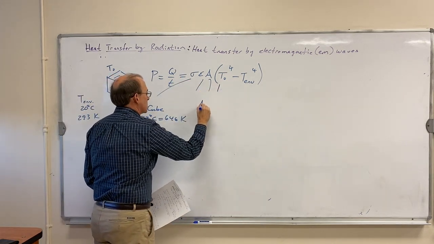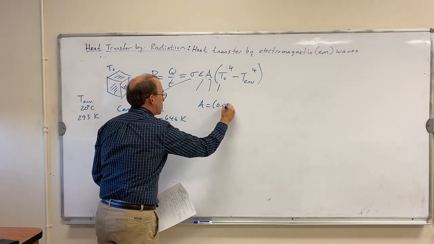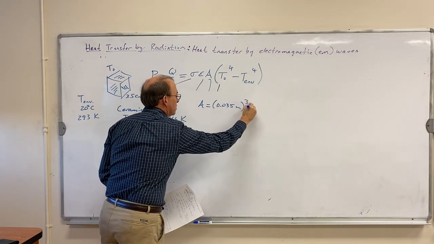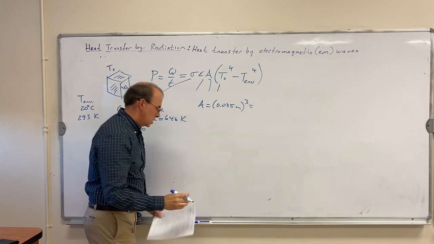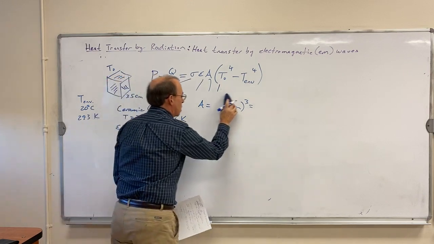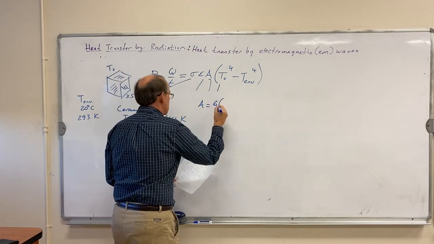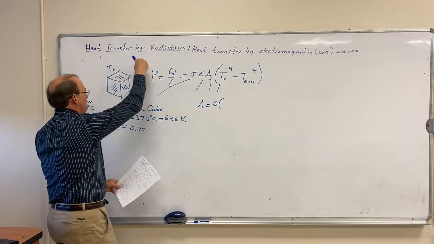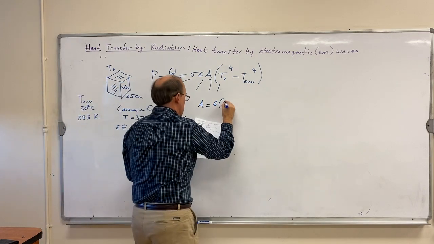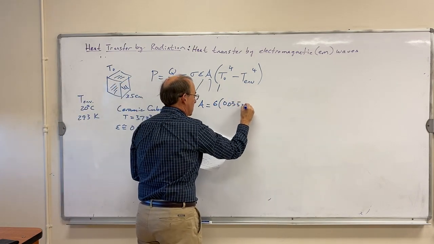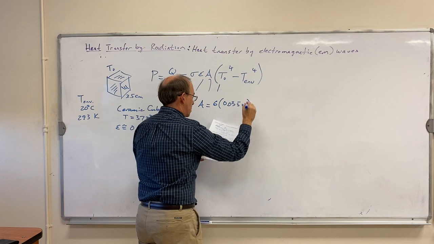So area is 0.035 meters cubed. It's the area of a cube. No, it's not. That's the volume of the cube. That's wrong. It is 6, because it has 6 faces, 1, 2, 3, 4, 5, 6, times 0.035 meters squared.